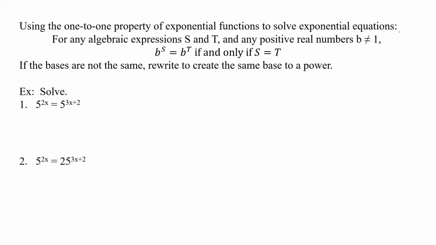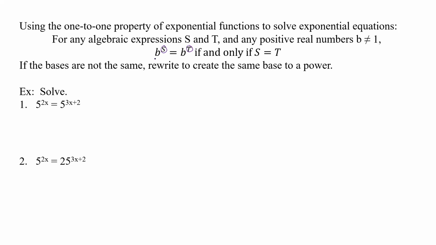All right, so using the one-to-one property of exponential functions to solve exponential equations: for any algebraic expressions s and t, whatever they are, and any positive real number b not equal to 1, we can say b to the s is equal to b to the t if and only if s is equal to t.